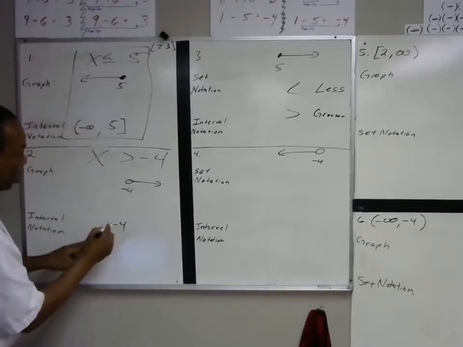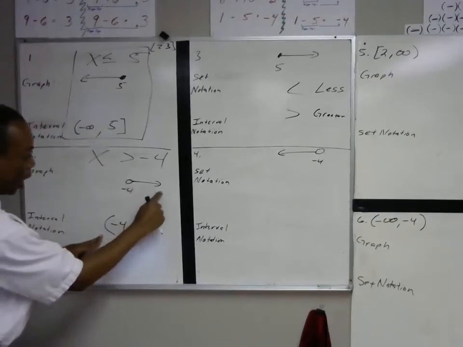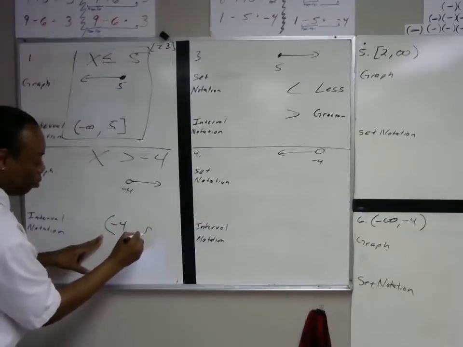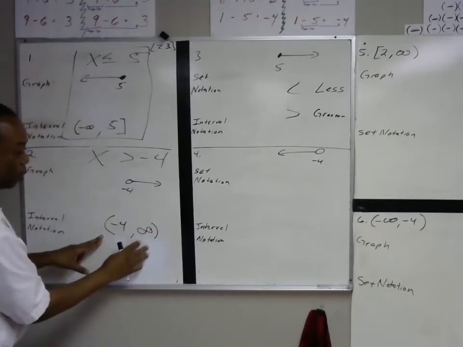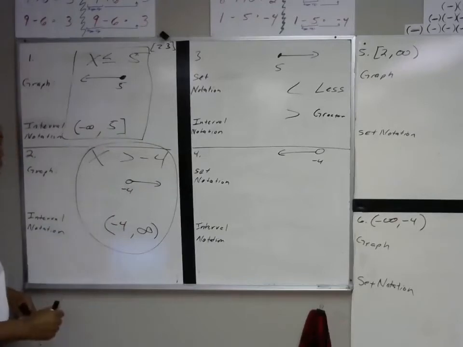But since I'm not getting there, I'll still use parentheses because it's not filled in. And to the right, I'm going forever positive. So that's represented by positive infinity and then a parenthesis here. So again, all three of these things are saying the exact same thing. There's just three different languages.